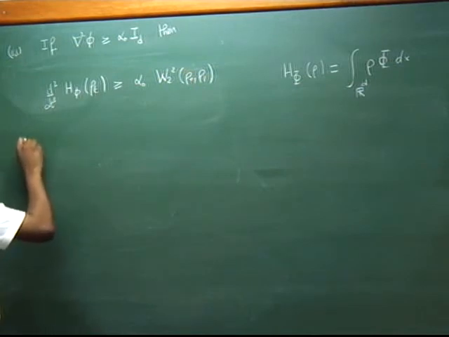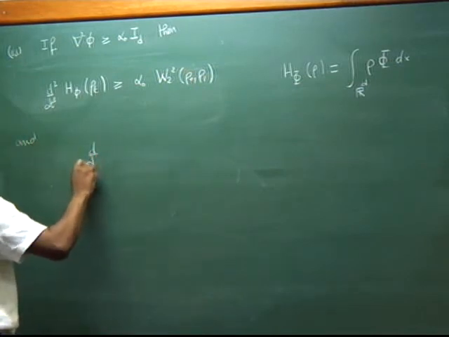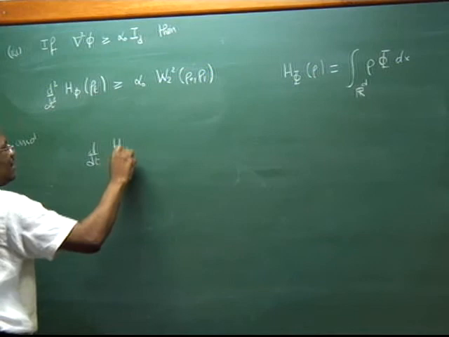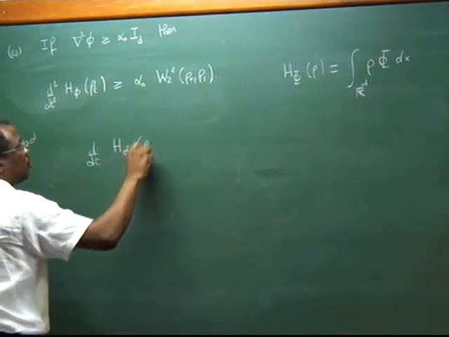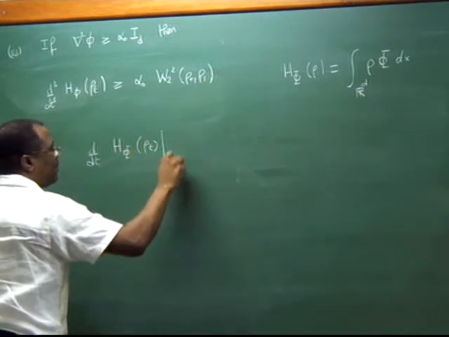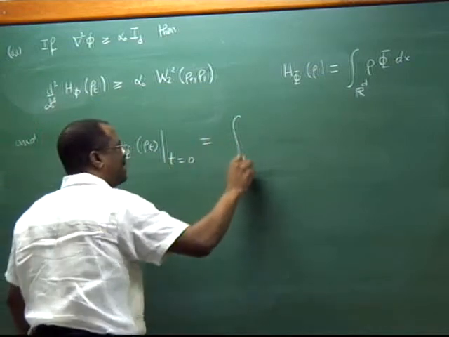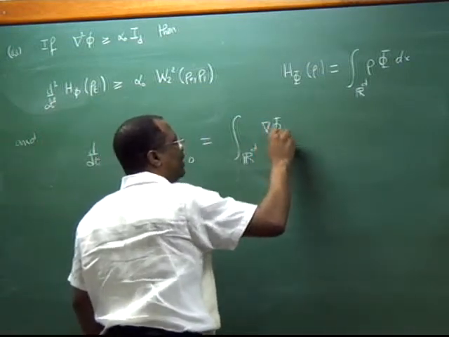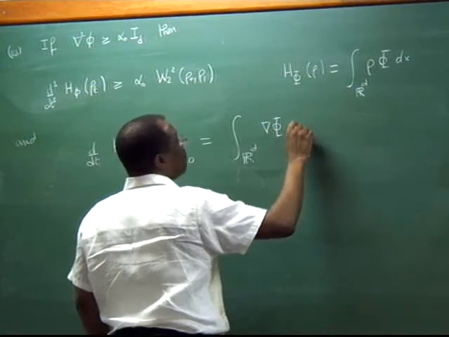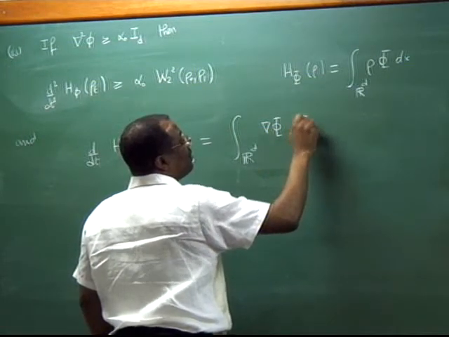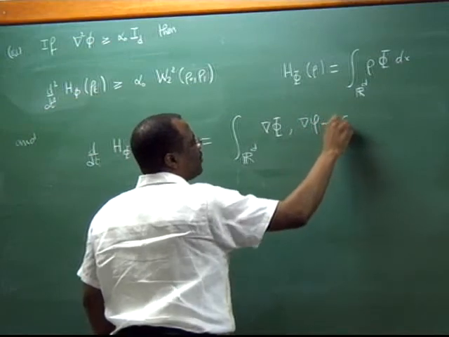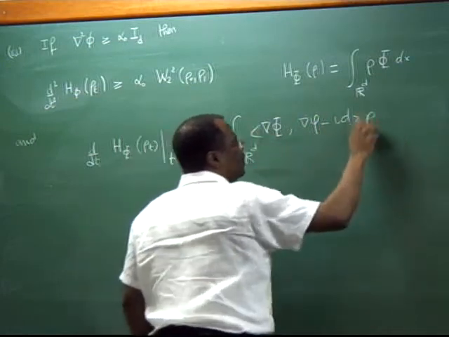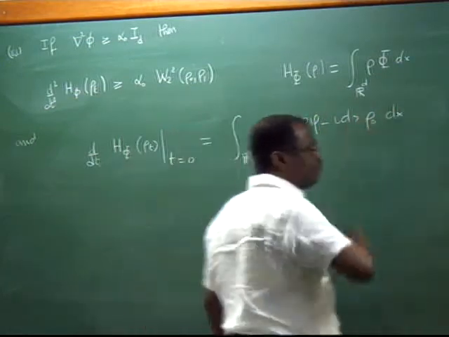And if I differentiate H phi of rho t at time t equal to 0, what I get is the integral over R^d of gradient phi, gradient phi minus identity, rho naught dx.